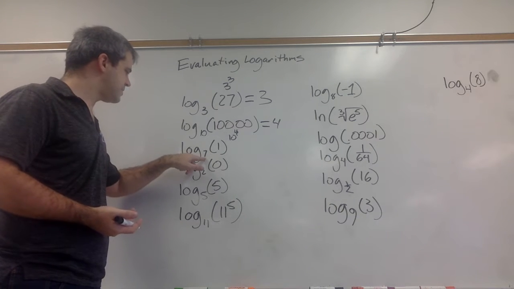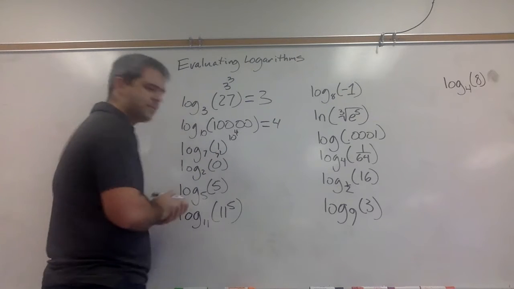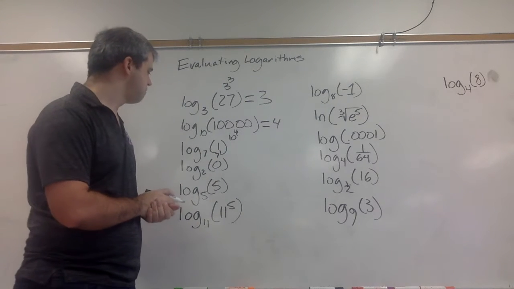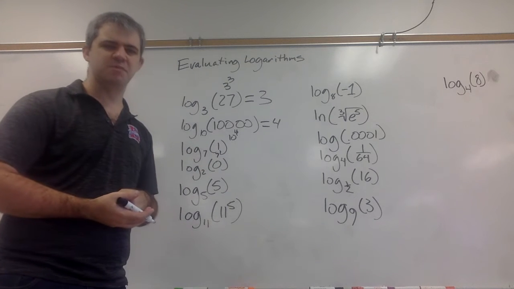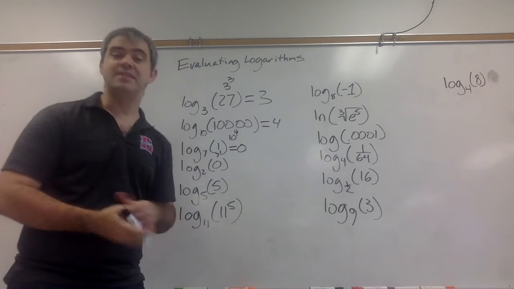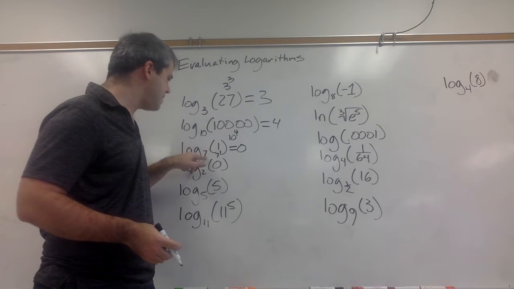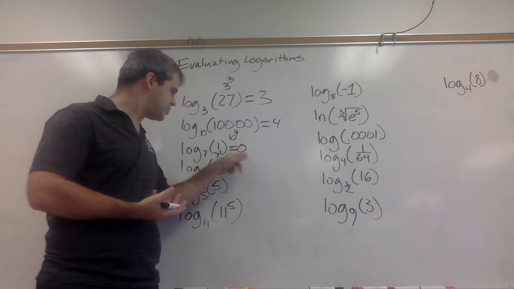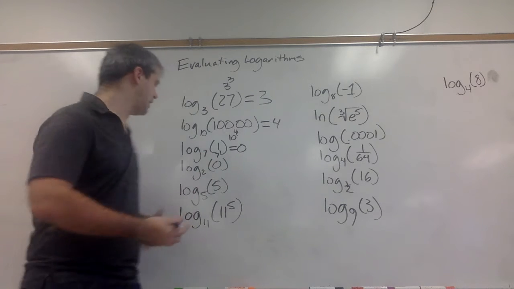Log base 7 of 1. I need to convert this to 7 to a power. Well, that's kind of weird. 7 to what power gives me 1? It's 0. Y'all remember that? Any base other than 0, if you take it to the 0 power, you get 1. So this is going to be the case with pretty much any logarithm.